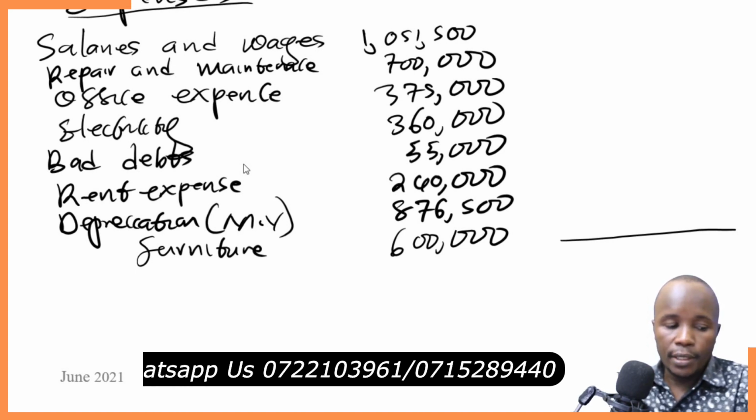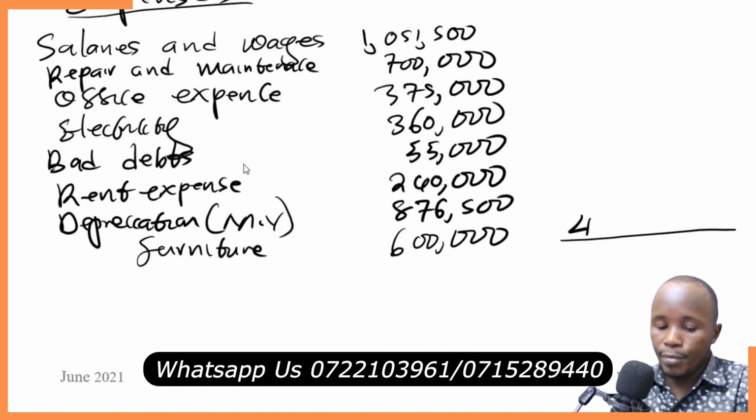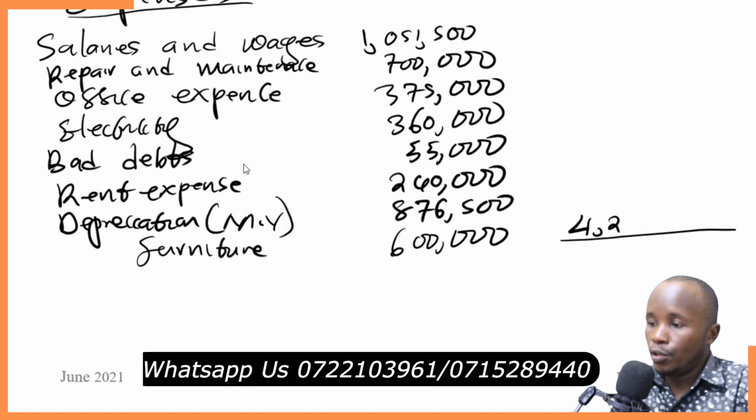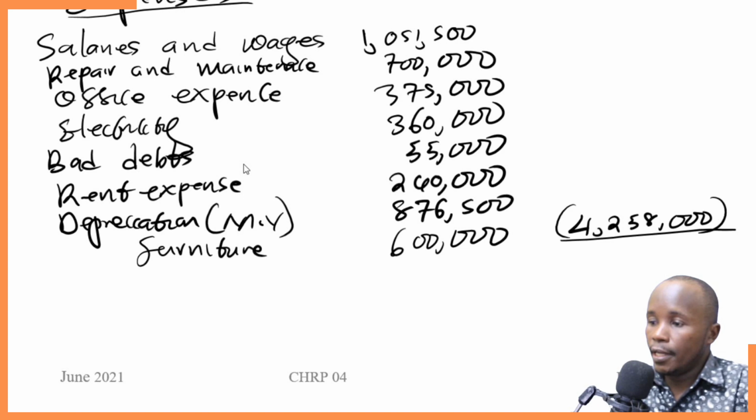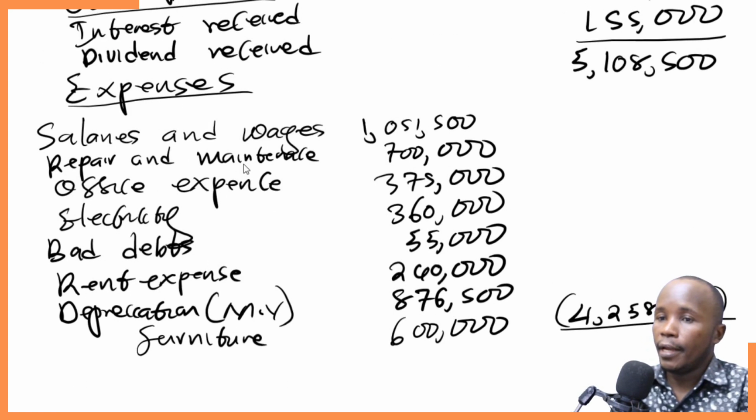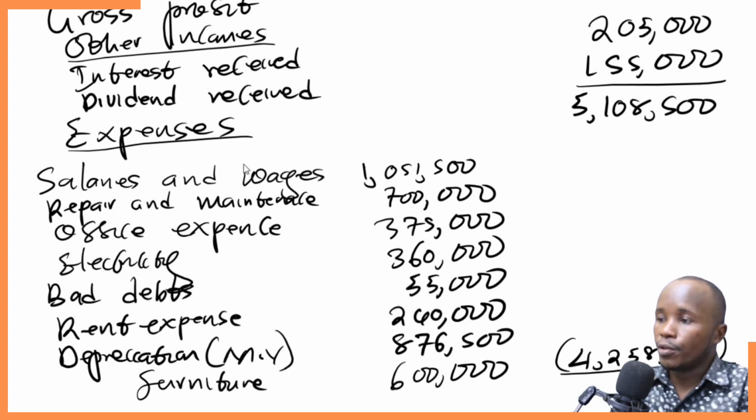This gives me 4,258,000, and these expenses you subtract them from the gross profit, net gross profit.